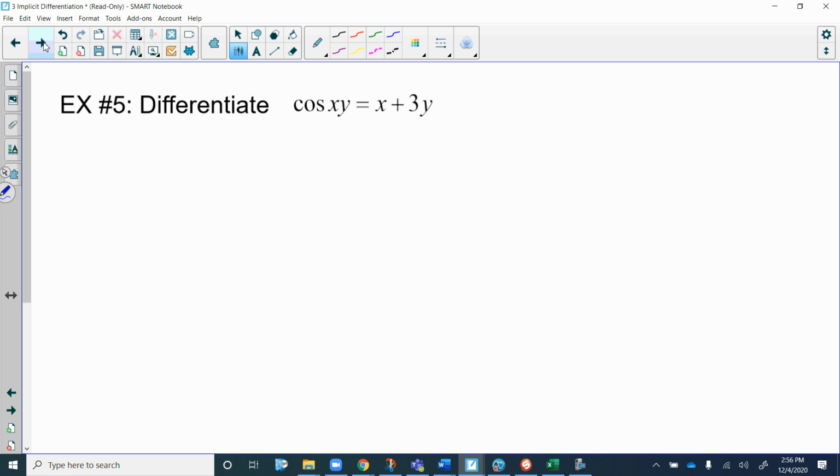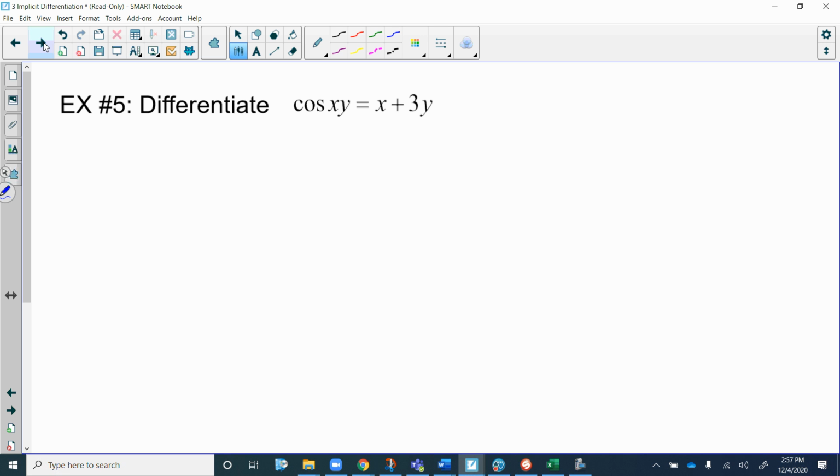Here again, we're looking at the incorporation of other derivative techniques with what we've seen before. For the cosine of xy, we're going to not only have to use the chain rule, but the product rule inside of it. And then, of course, we have something that we're going to differentiate on the right side.